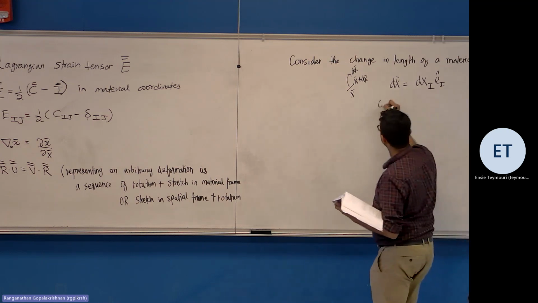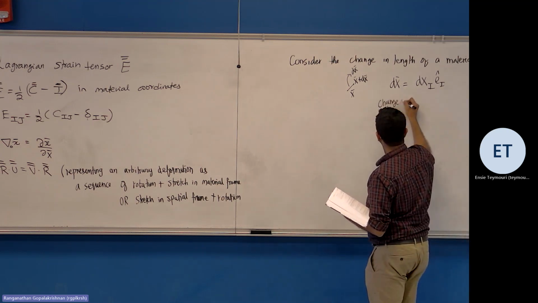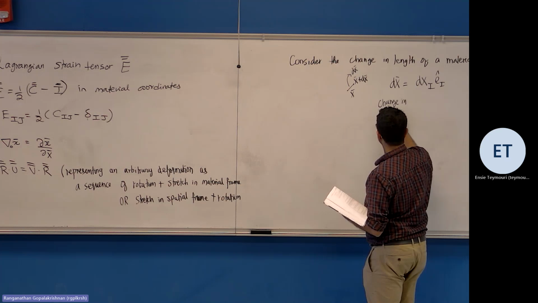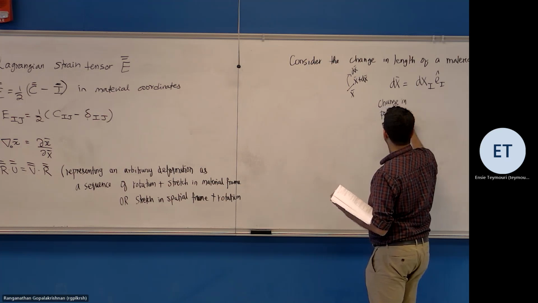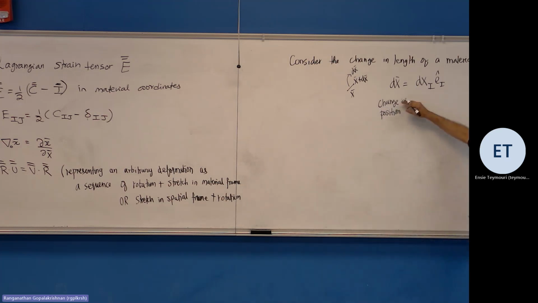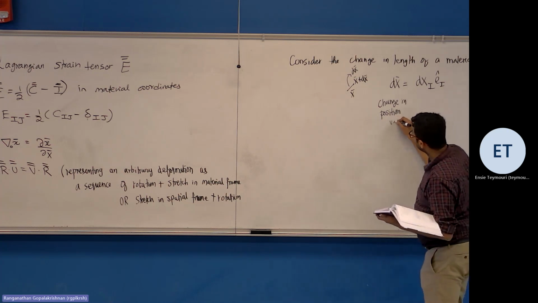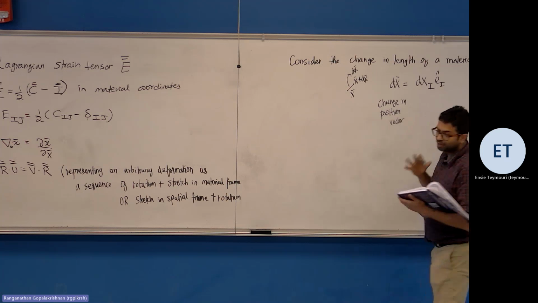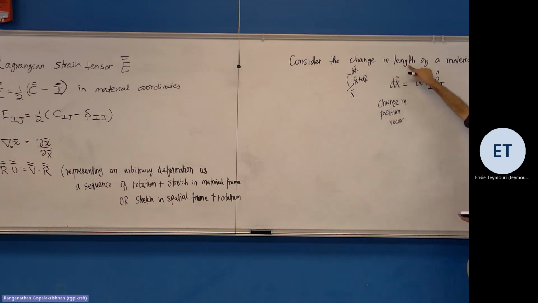So I'll write it out. Change in position. Some people just write change in position, where position is implied to be a vector. I just add the word vector explicitly because I want you to understand change in length is different from change in position.